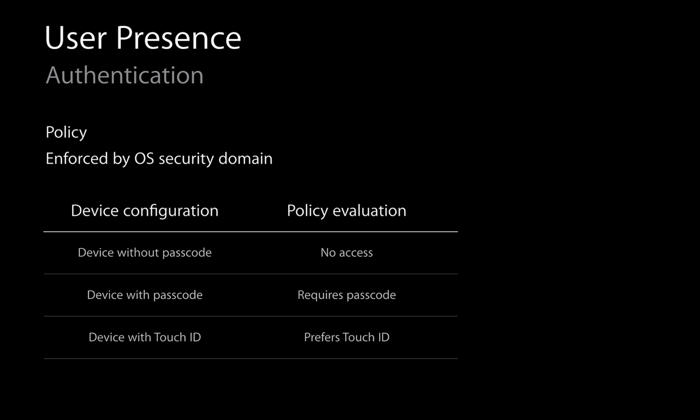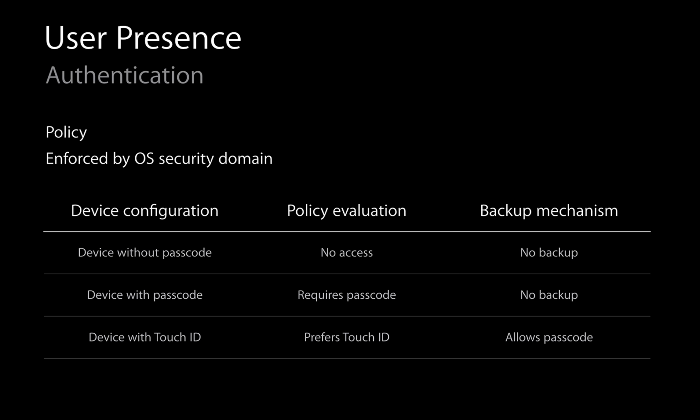For example, you lend the device to someone to try the Touch ID, and the Touch ID is now in a disabled state because he tried it so many times. So for that, the user presence policy allows use of a backup mechanism. And this backup mechanism is the device passcode. Actually, the user can decide if he wants to use passcode or Touch ID. But Touch ID will always be preferred in this case.